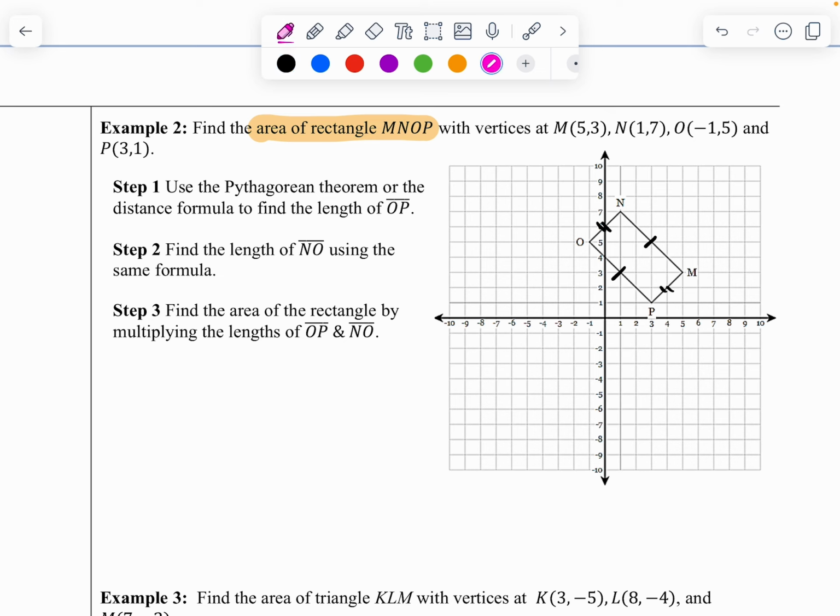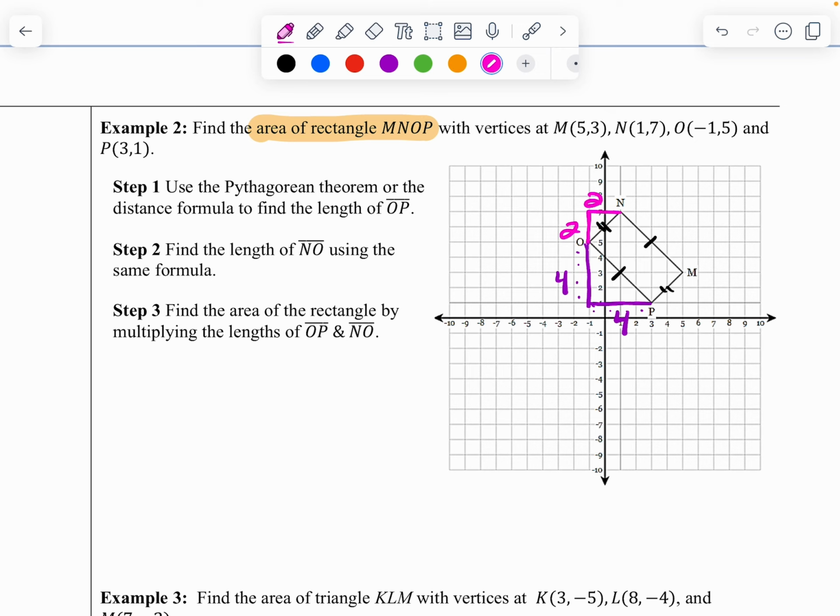So I'm going to draw a little triangle right here, and then do the same thing for OP, so that now I can use the Pythagorean theorem to find those diagonals. OP has sides 1, 2, 3, 4 and 1, 2, 3, 4. And NO has sides 2 and 2.